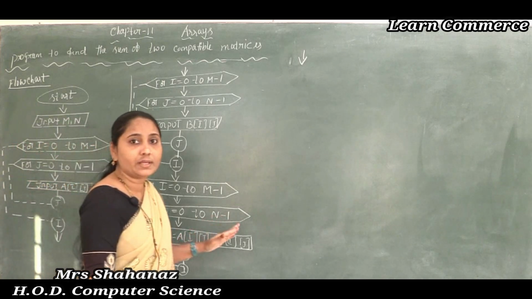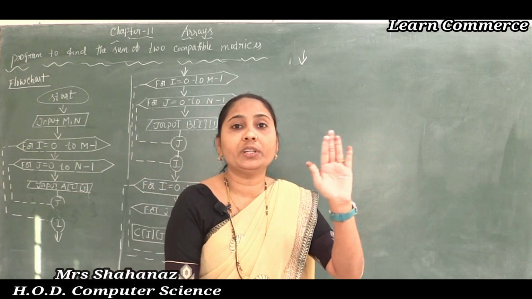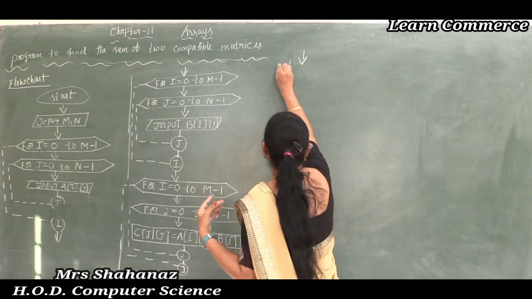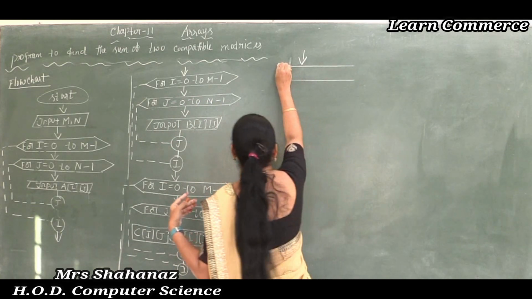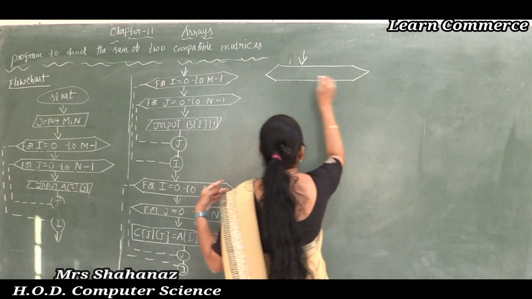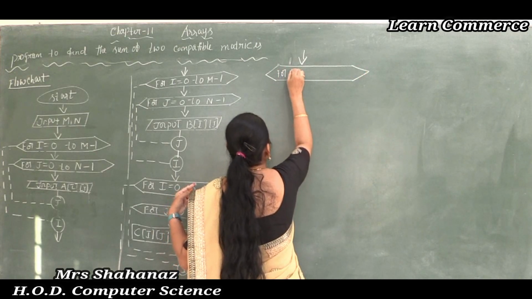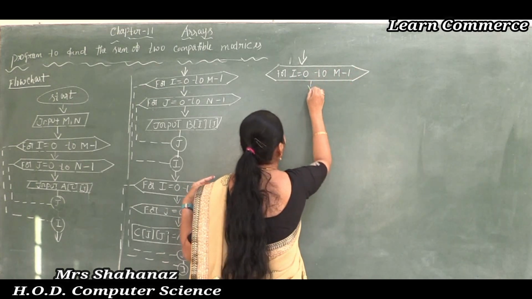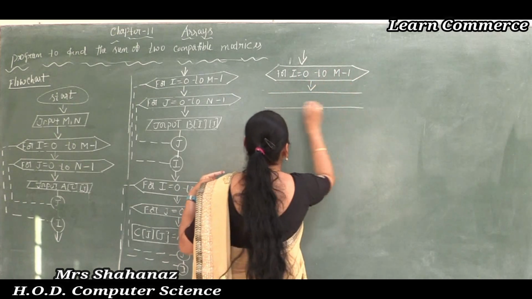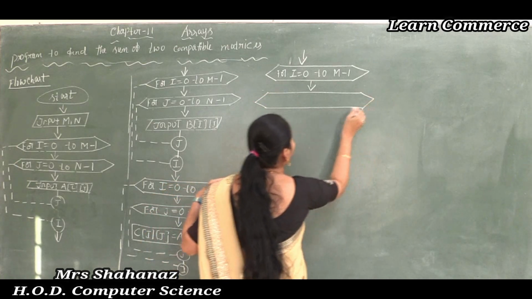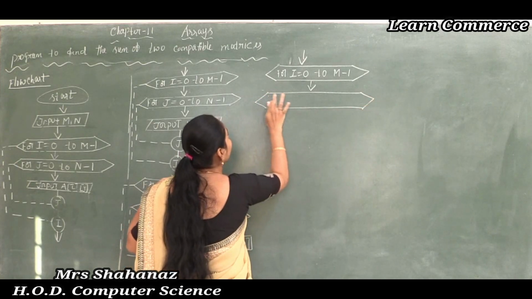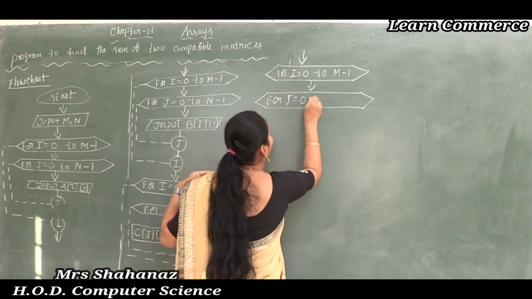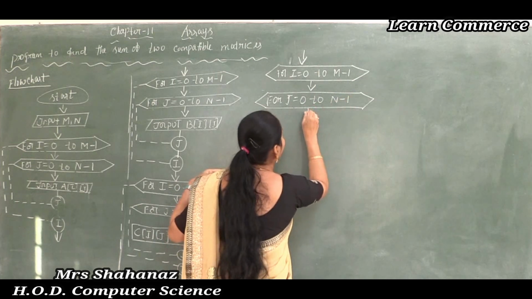Now whatever the value is there in C of ij, I need to display on the screen, clear this point, I need to display on the screen here. So before displaying any value on the screen, I need to access the row size and column size. So for i is equal to 0 to m minus 1, very simple flow chart, for j is equal to 0 to n minus 1.